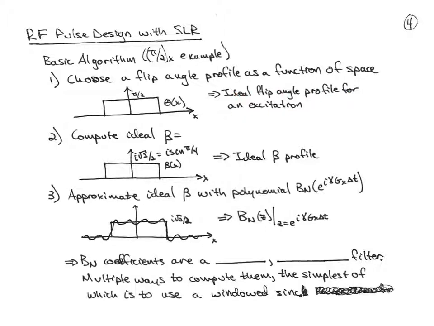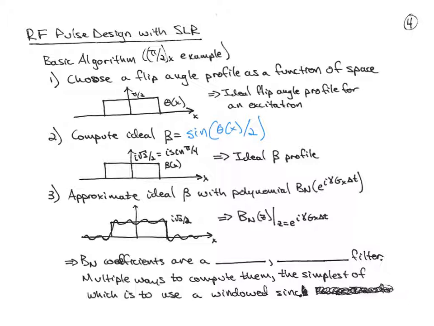Then we use that to calculate the ideal beta profile, which is sine of theta of x over 2. And that gives us this. This is our ideal beta profile that we want to excite.